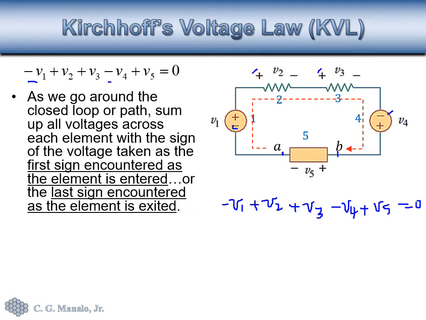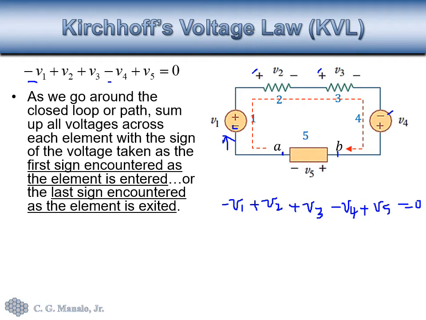This is the rule: as we go around the closed path, we sum up all the voltages across each element with the sign of the voltage taken as the first sign encountered as we enter the element. Or we could also use the last sign encountered as we exit the element.